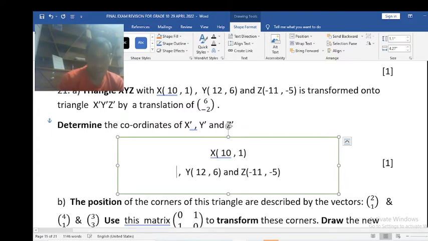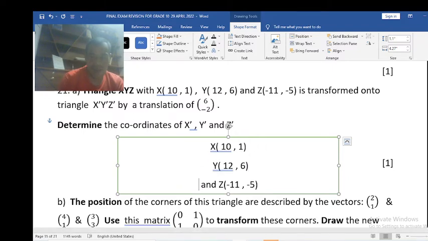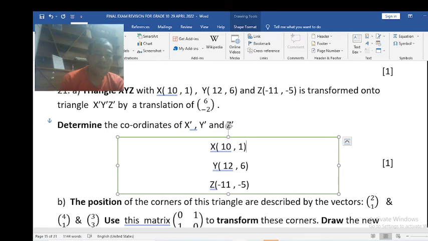Then I will press enter here, and this one I will make is mapping to, then X' with parentheses and a comma.